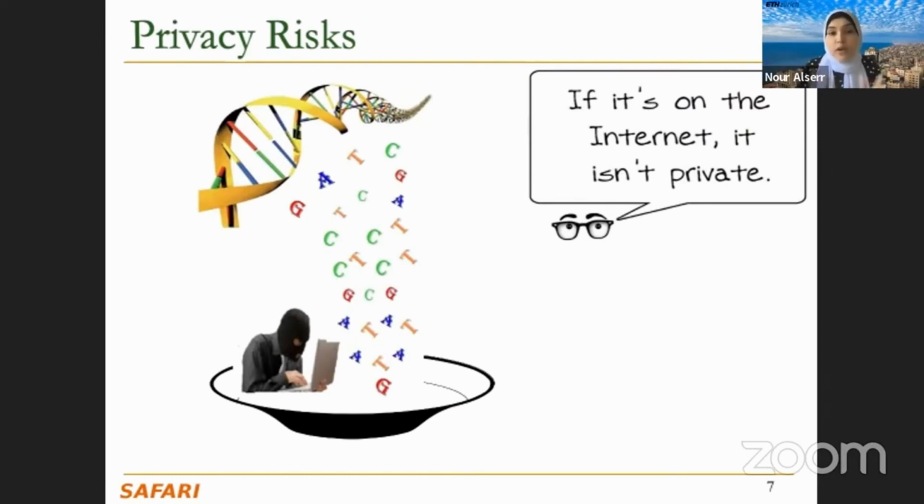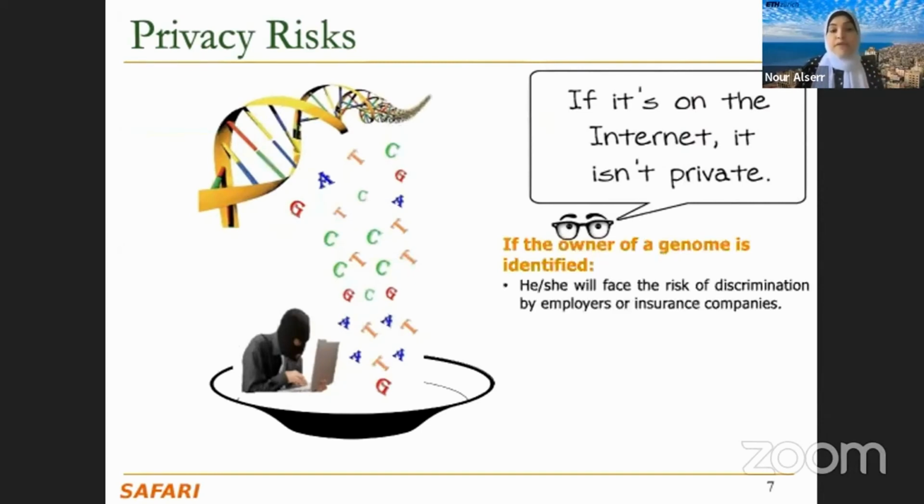They can do a lot. What are these risks? For example, if the owner of a genome is identified, then he or she will face the risk of discrimination by employers or insurance companies. So this information is financially valuable, all right?